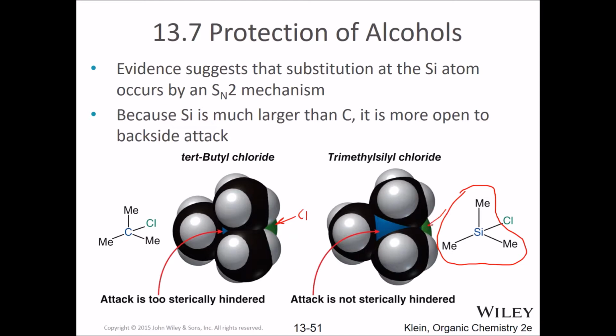If you had a carbon in the middle with your three methyl groups around it, you'd have too much steric hindrance for the nucleophile to get in there. What's the nucleophile in the reaction we're talking about? It's the OH.